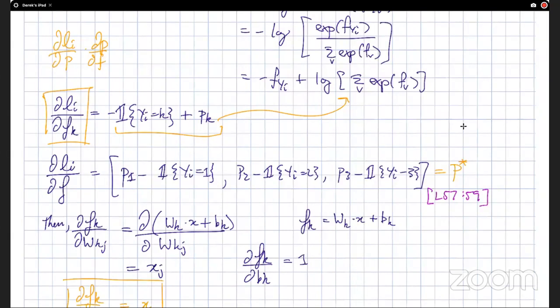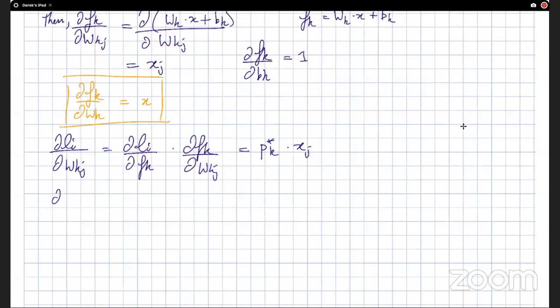Okay, so let's accumulate all this together. What we have is dLi over dW, and that's going to be p star x. If I write this as a 3 by 1 and I write x as a 1 by 2, this should probably be a transpose.